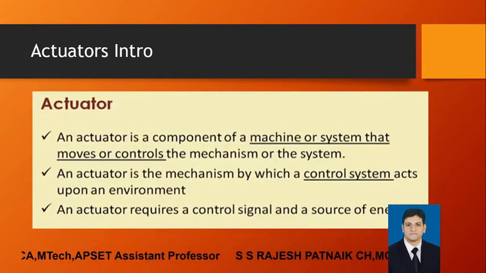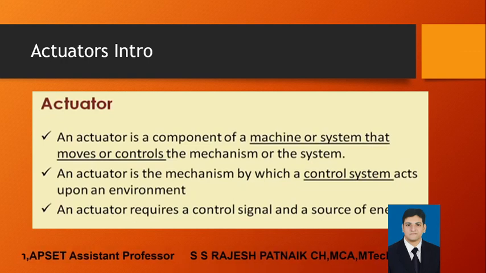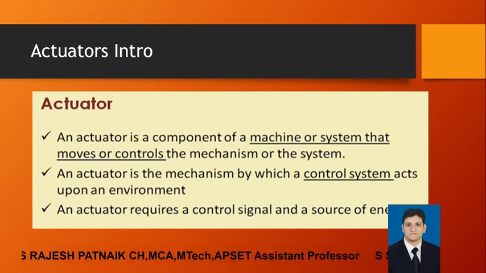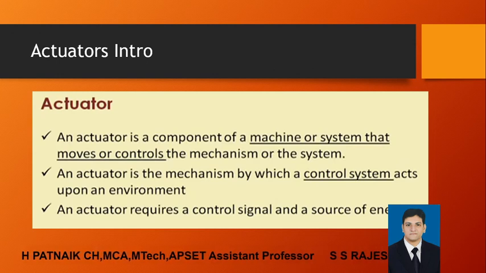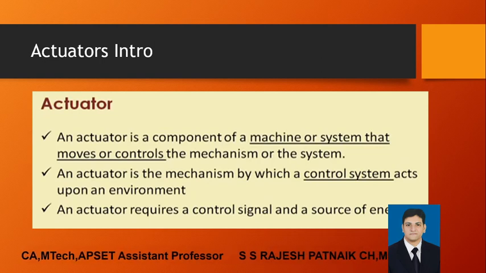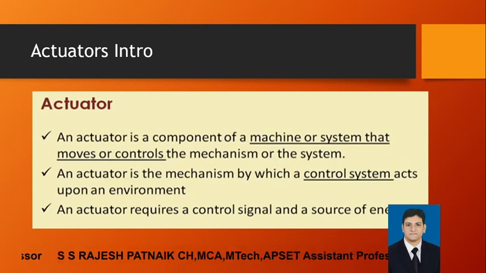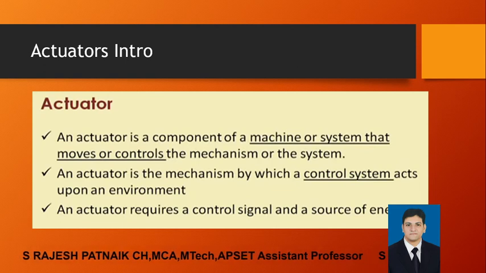So next, if you understand the basic introduction, the same thing I am telling is in some points here. Let us understand the points. An actuator is a component of a machine or system that moves or controls the mechanism or the system. That means an actuator is nothing but a component of a machine or a system. I already showed you the doors that move automatically; it is a component of the door.